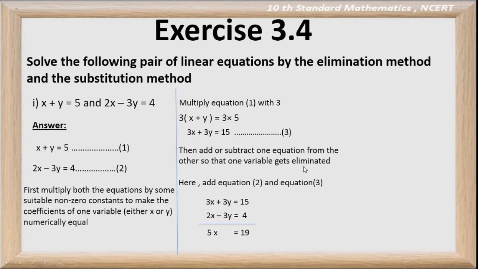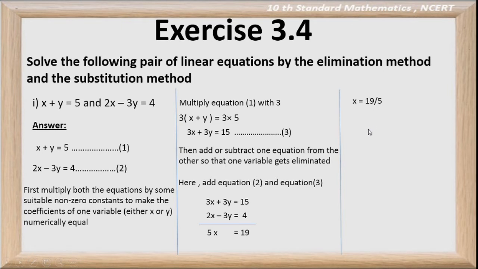It gets eliminated. One variable gets eliminated, here this y variable term. So 5x equal 19. 15 plus 4 is 19. So x equal 19 by 5.